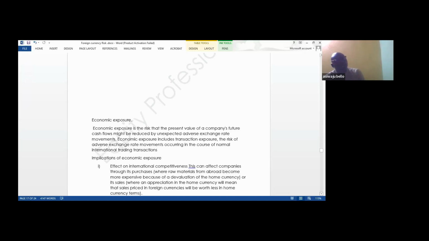Companies with economic risk may not be able to compete with other companies in the world. That affects ability to compete.